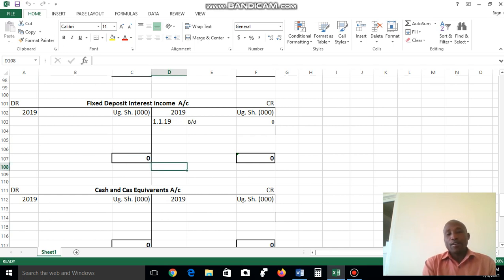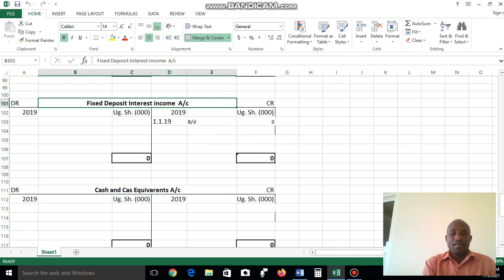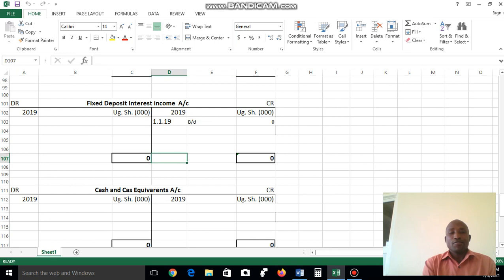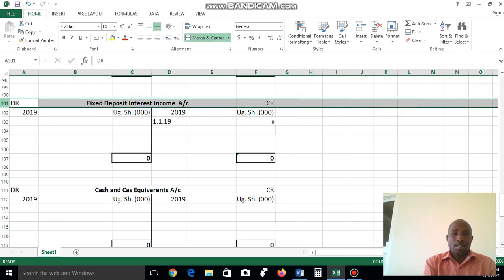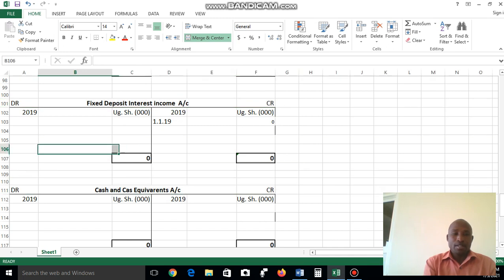We said that all incomes are credited and expenses debited. You credit incomes and liabilities and debit expenses and assets. So interest income being an income, we have to recognize it on the credit side of its ledger account. Here, two accounts have been opened, the fixed deposit interest income account and the cash and cash equivalents account.